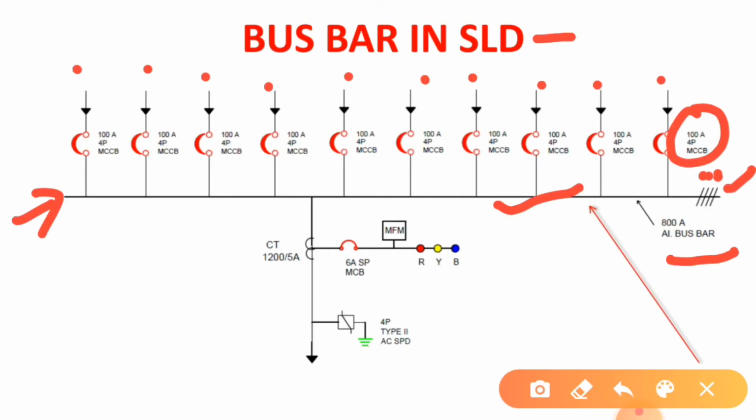So with this SLD, you can imagine the ACDB where 10 inputs are coming from different solar inverters and get connected to one single busbar. Then from that busbar, one output is coming and this output is given to the load, or maybe to the grid in this case. So friends, this is how we show busbars in an SLD.